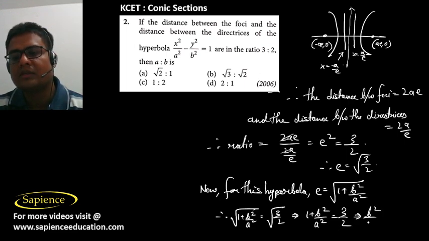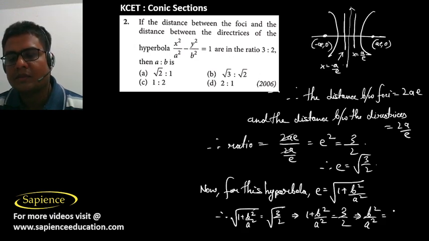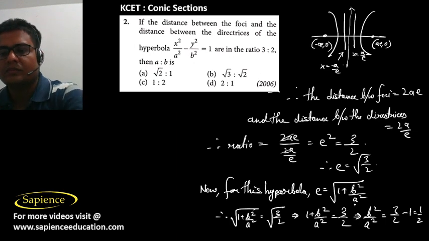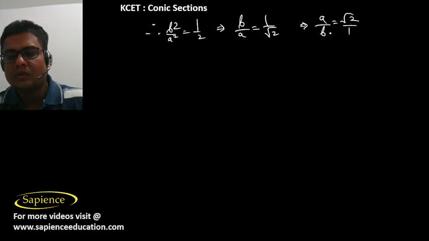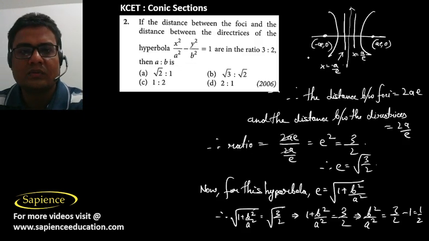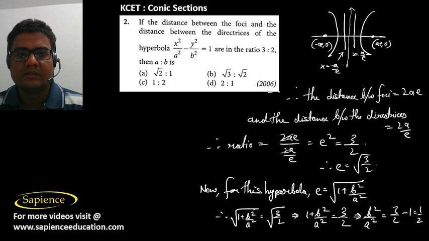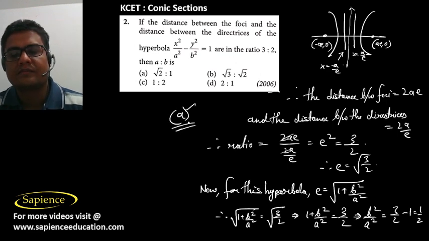Therefore B square by A square is equal to 3 by 2 minus 1, which is equal to 1 by 2. Therefore B by A is equal to 1 by root 2. So A by B will be equal to root 2 by 1. So the answer is root 2 is to 1. So option A is the correct answer.